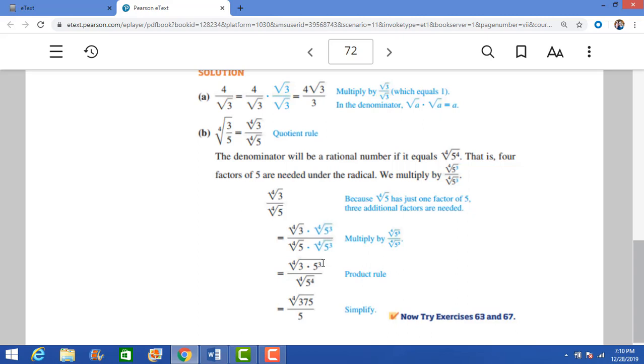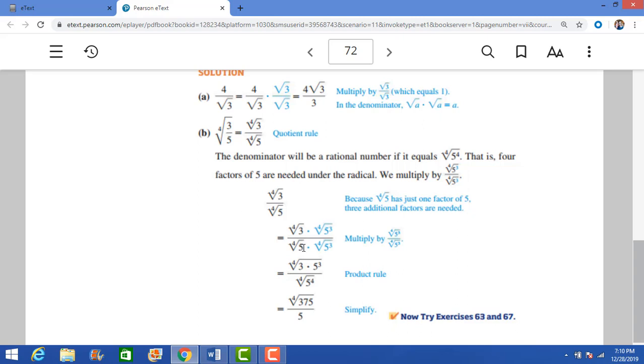Watch what happens here. So now when we multiply the top and the bottom by this expression, this becomes the 4th root of 5 to the 4th power, right? Because we've got 5 here.